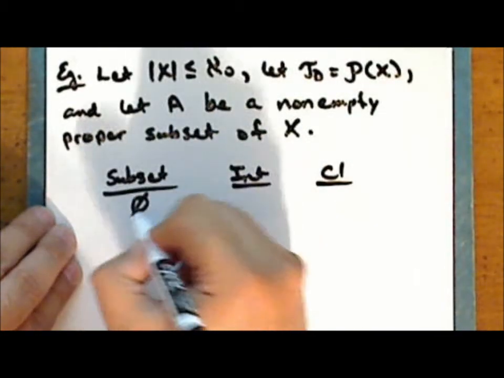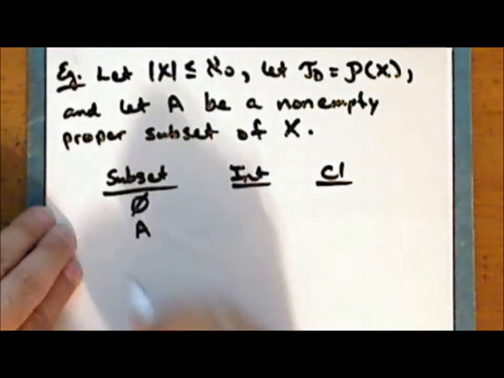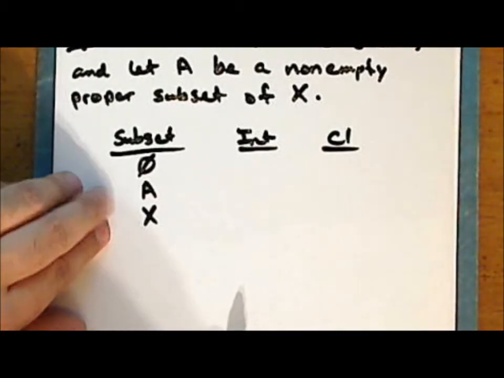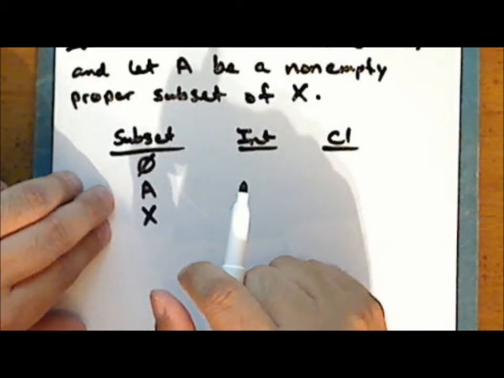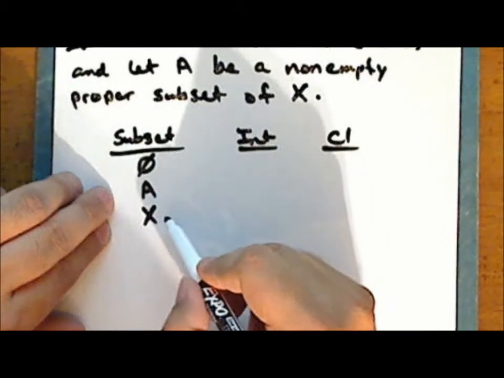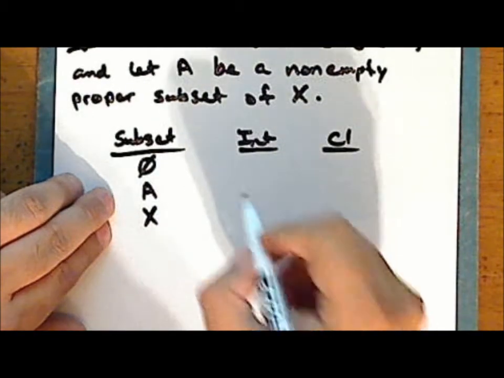Again, we look at the empty set, the non-empty proper subset, and the entire set. Now, in a discrete topological space, every set is both open and closed, and so each set is its own interior and its own closure.